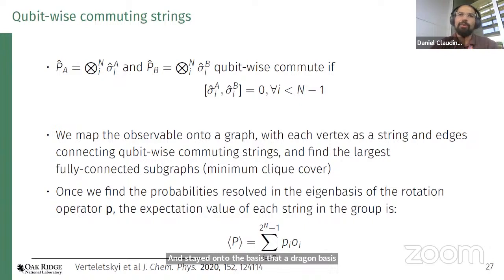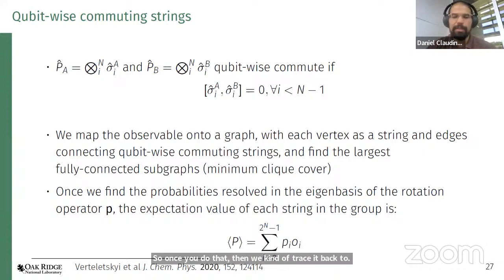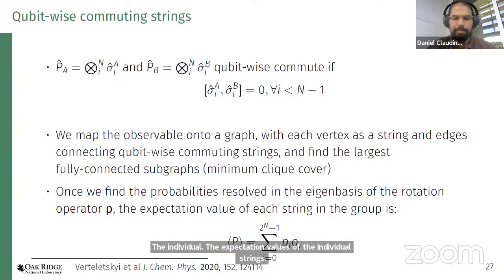So that means all the operators within that group share the same basis. So we need only to measure that rotation operator instead of all the commuting Pauli strings. Then we trace it back to the expectation values of the individual strings by doing this here on the bottom, which is pretty standard.